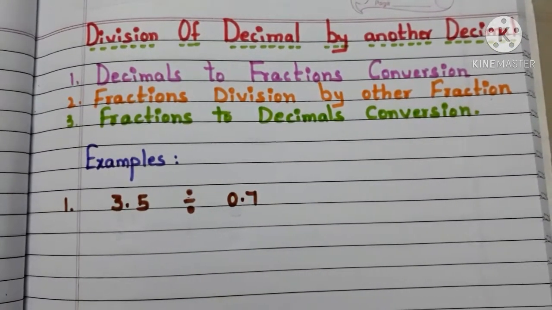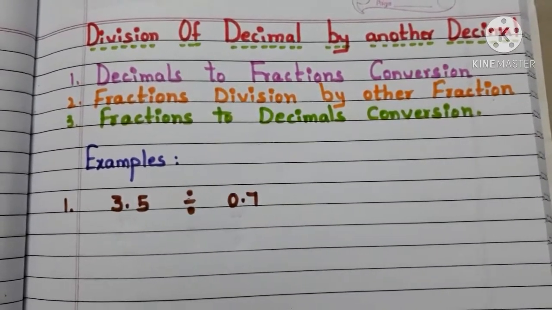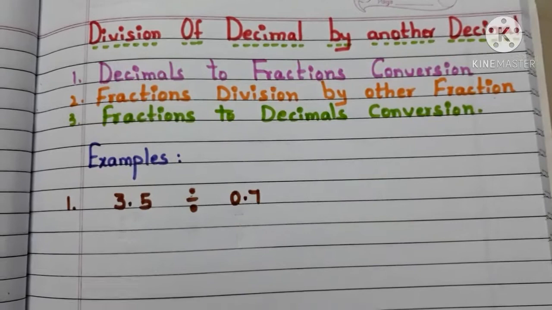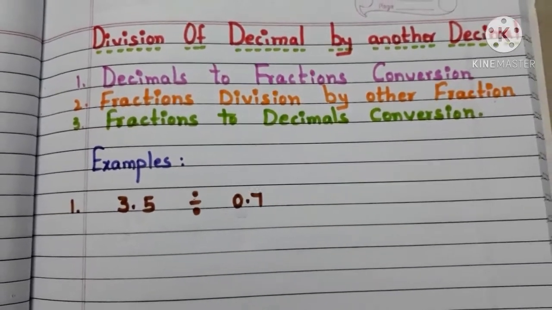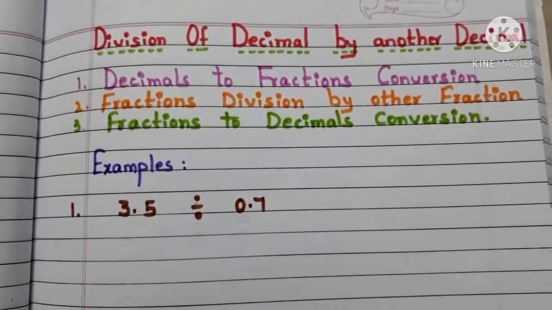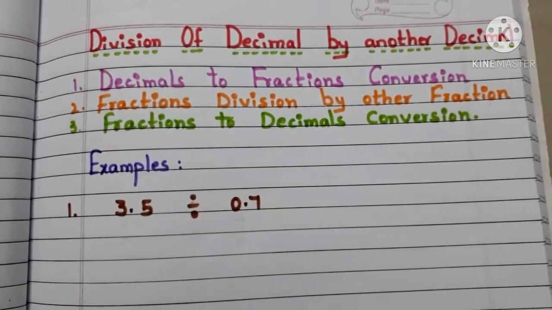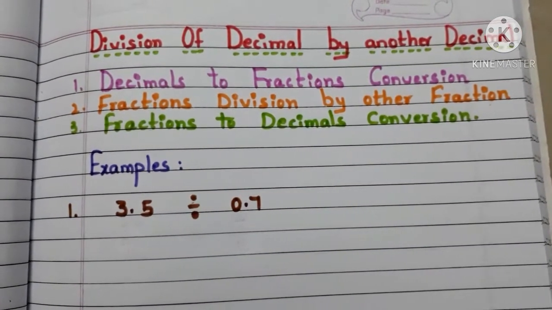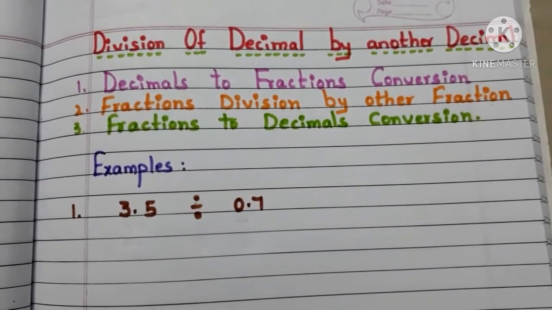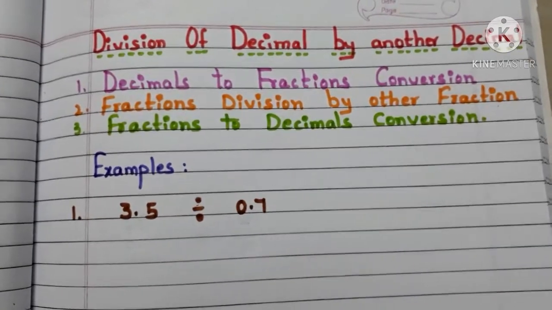In this video, we will have a look at how to divide a decimal number by another decimal number. So let's get started. To divide a decimal number by another decimal number easily, here we are using three concepts which we have already learned in our previous videos. Those topics are decimals to fractions conversion.